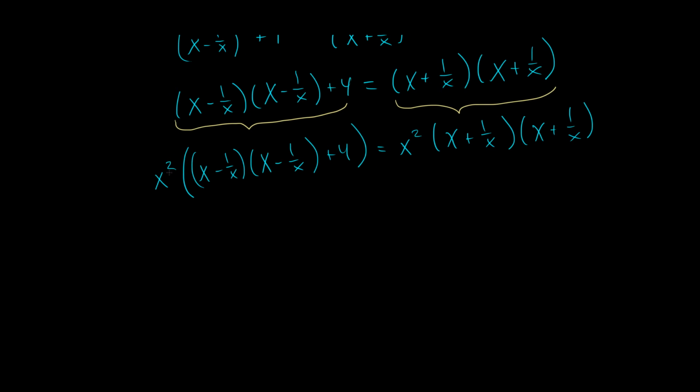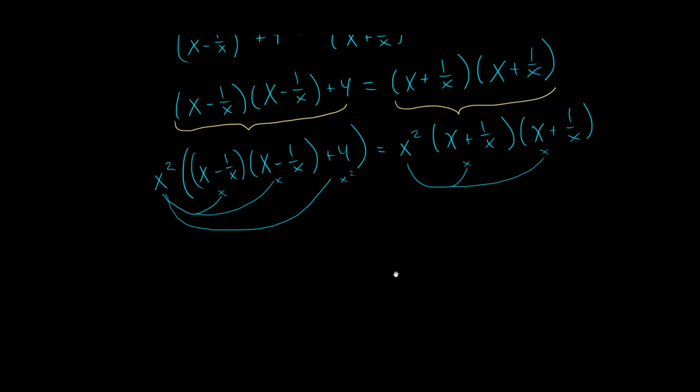Okay. Now, this x squared I'm going to split up into an x and an x. So one x is going to go here, the other x is going to go there. And then the x squared as a whole is going to go here. And here I'm going to also split up the x squared. So I'm going to have an x go here, and another x go here.